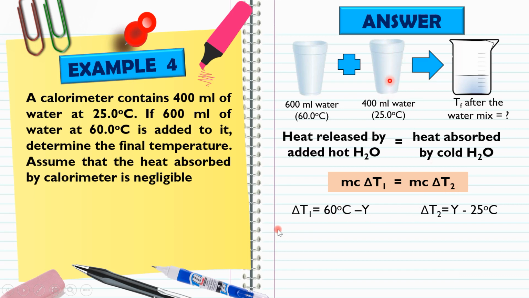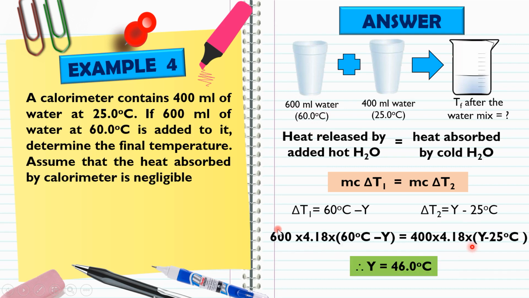The initial temperature is 25 and the temperature of the cold water will increase. The final temperature is y minus the initial 25. You can substitute. Make sure to convert from ml into gram, because we know that the density of water is 1 gram per ml. Substitute in the formula and you will get the value of y equals 46 degree Celsius.